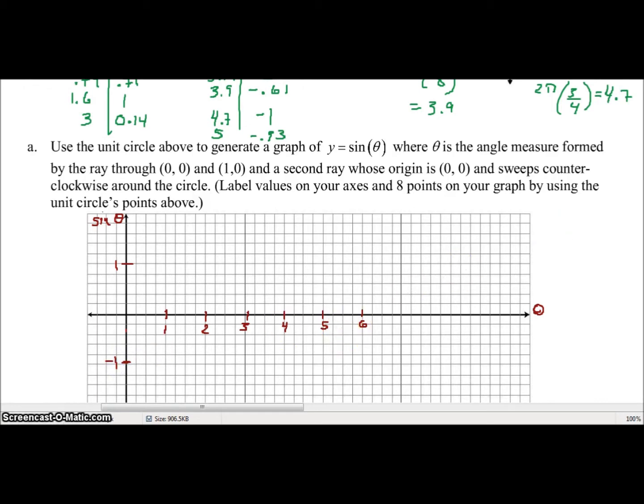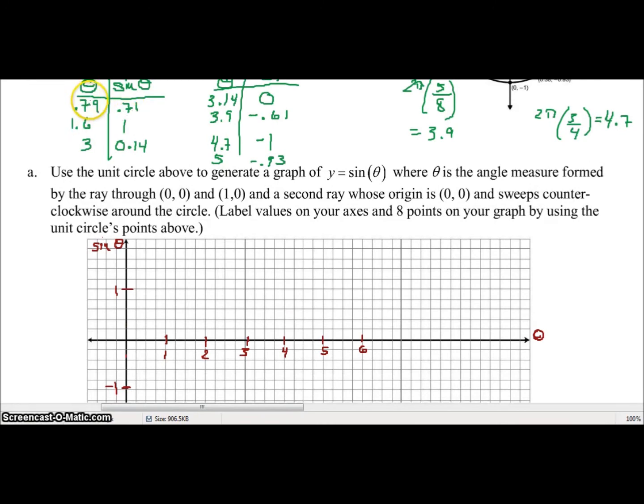I'm going to try to plot these values. The first one, when theta is 0.79, sine is 0.71. Notice that I went 5 tick marks here. So 1 divided by 5 is 0.2. Each of these are 0.2. So 0.2, 0.4. Nope, that's not right. There's only 4. Sorry. 1 divided by 4 is 0.25. So each tick mark is 0.25.